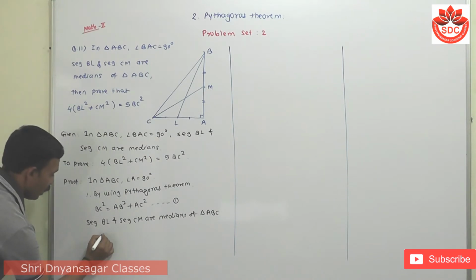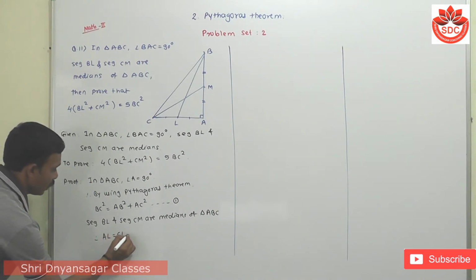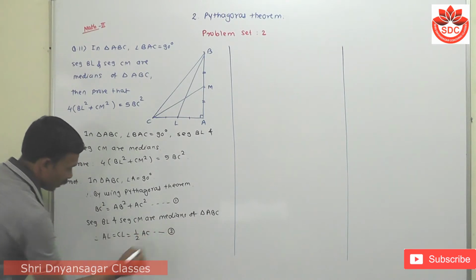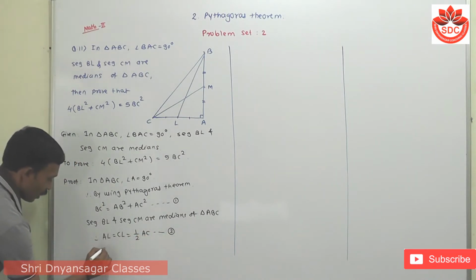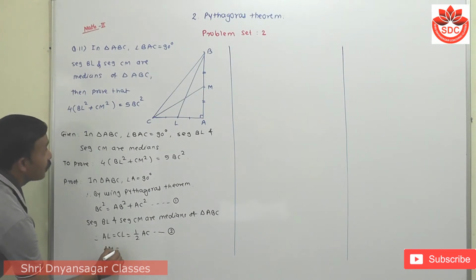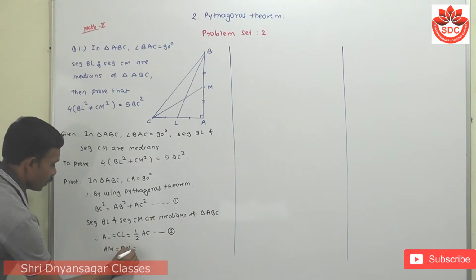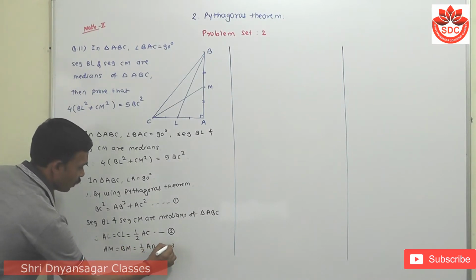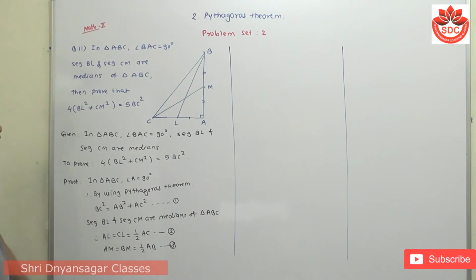Therefore AL is equal to CL is equal to half of AC, equation number 2, and the third one is AM is equal to BM is equal to half of AB. This is equation number 3 because they are medians. Then look carefully: in this proof we have BL square plus CM square.